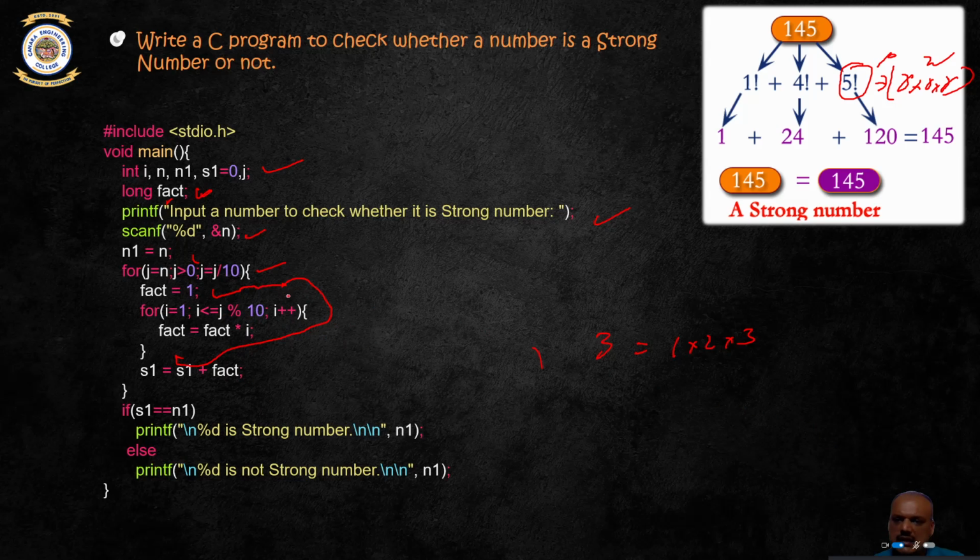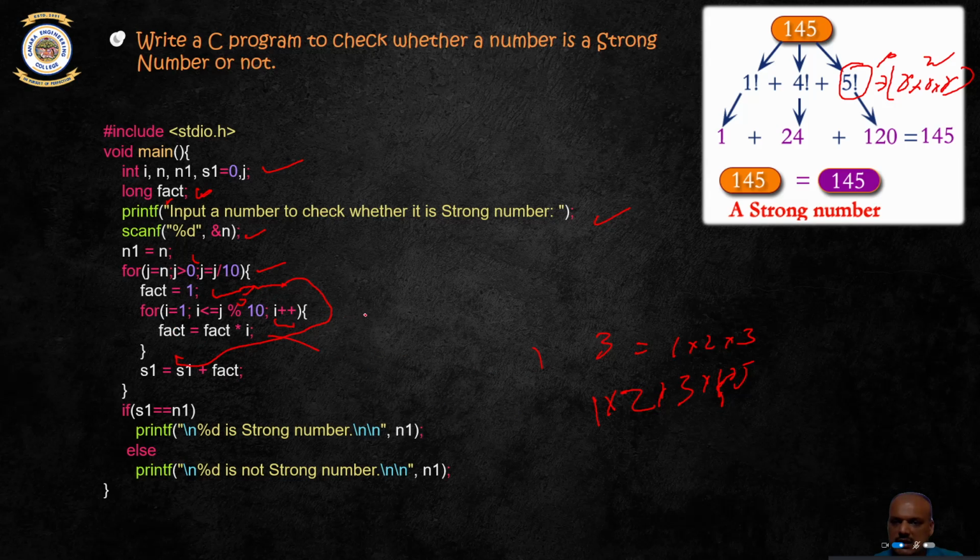So in the initial value I have i is equal to 1, and what is the value of j modulus 10? The value would be, say, 5. So for i is equal to 1, to i less than or equal to 5, because j modulo 10 will be 5, i plus plus, so i will go from 1 to 5, and every time factorial will get calculated as 1 into 2 into 3 into 4 into 5.